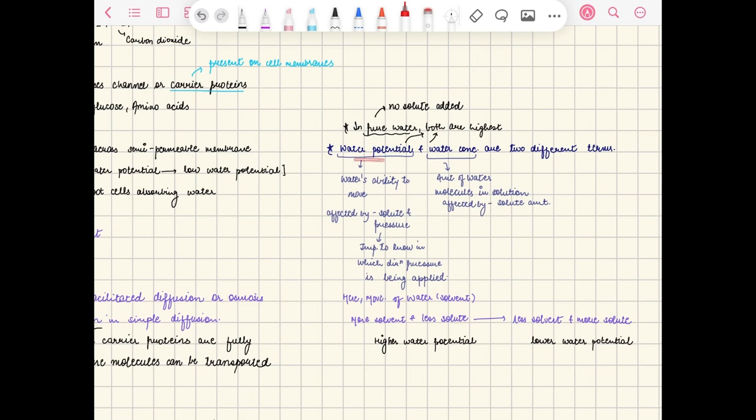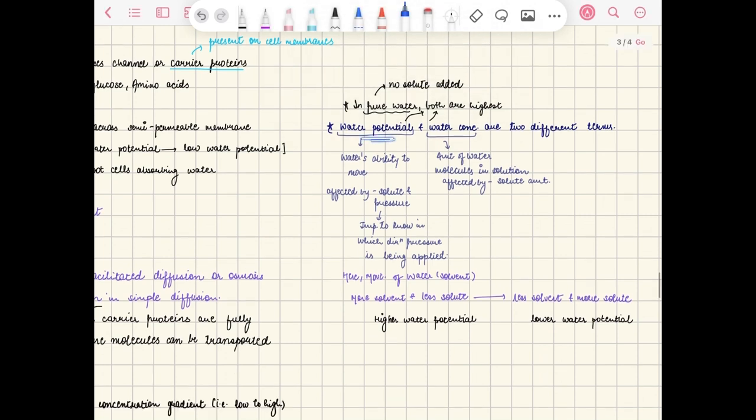But water potential and water concentration have completely different meanings. Water potential is the ability of water to move, and it is affected by solute and pressure, right? And water concentration is the amount of water molecules in a solution, affected by the amount of solute.